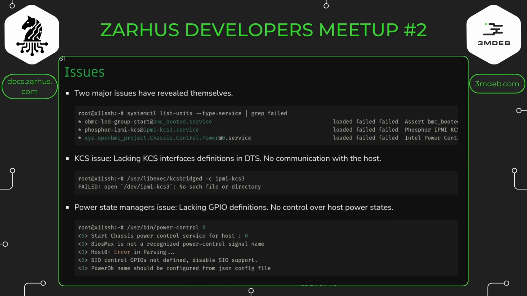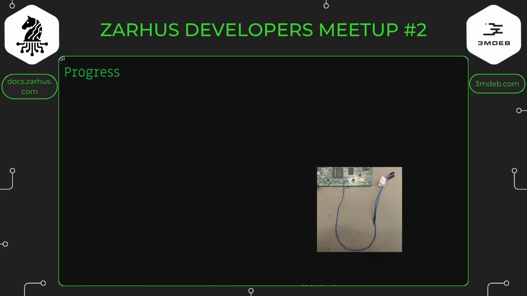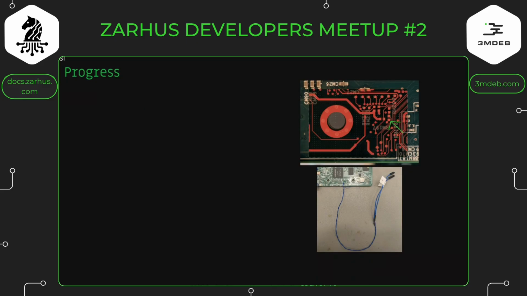It's worth mentioning that they were the work of a man called Ken Fisher, and they were supplied as part of porting OpenBMC to the X11SSH platform. But they were not sufficient for our case. Those are the two main issues we are facing: the KCS interface issue, which we will talk about resolving later, and the GPIO issue, which is a bit trickier.